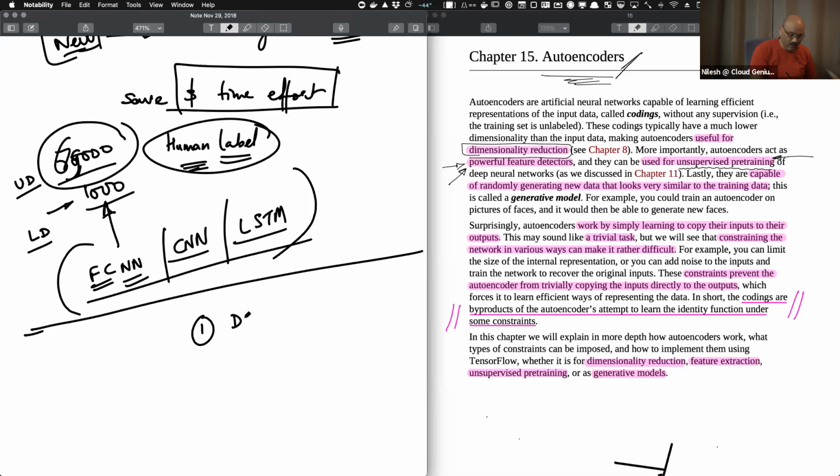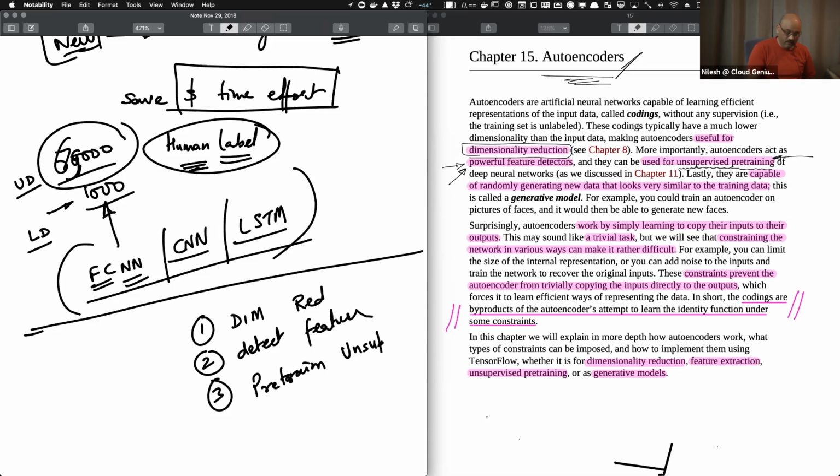First is dimensionality reduction. The second one is detecting new features. And the third one is basically pre-training, automated pre-training, unsupervised. This is the sexy part, unsupervised. That you don't have to do anything.